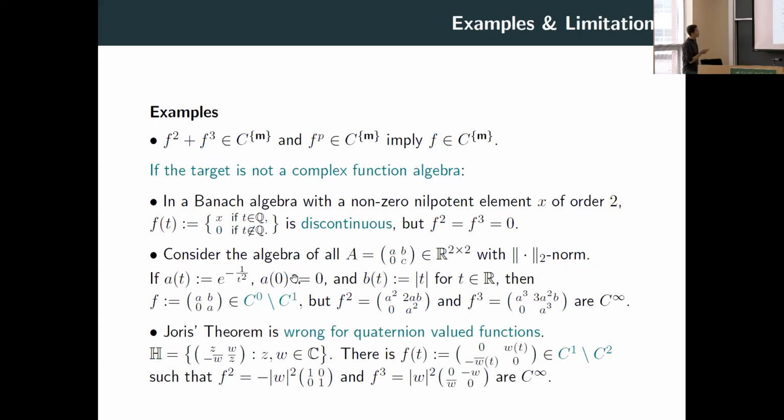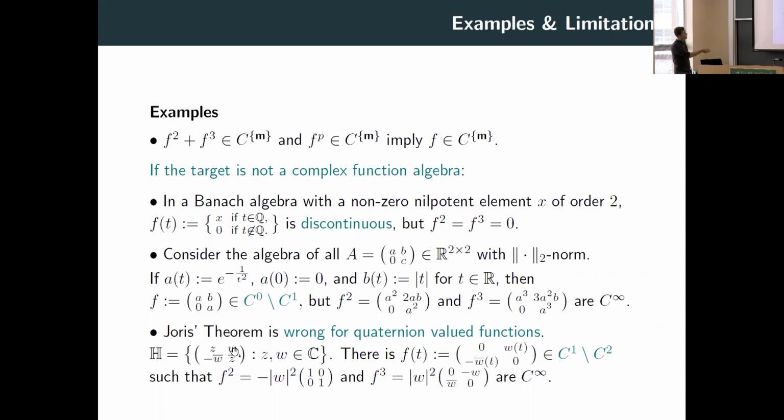And to finish, Joris' theorem is also wrong for the quaternions, right? So the quaternions can be written in this form. They can be represented as 2x2 matrices with complex entries. So z and w are complex numbers. You have z, w, and in the lower row you have minus w conjugate, z conjugate, right?